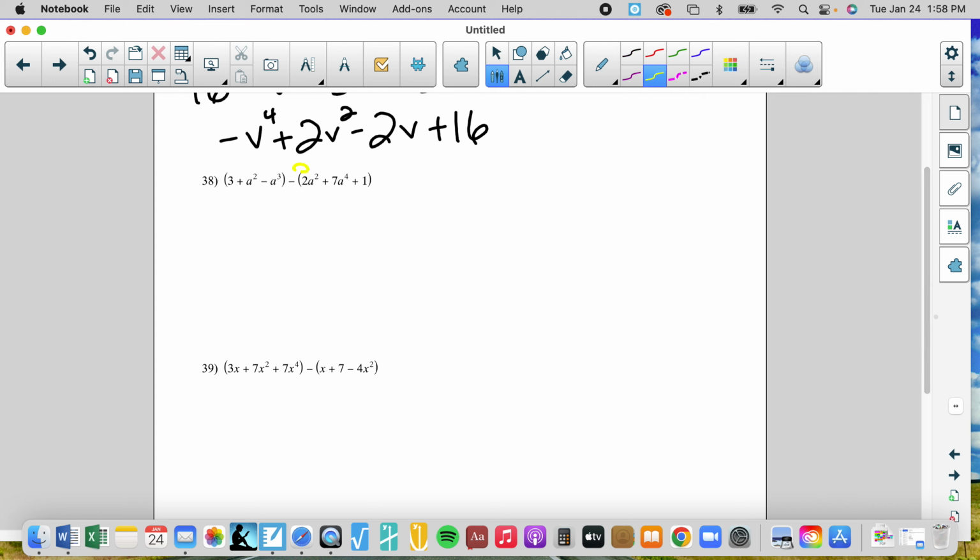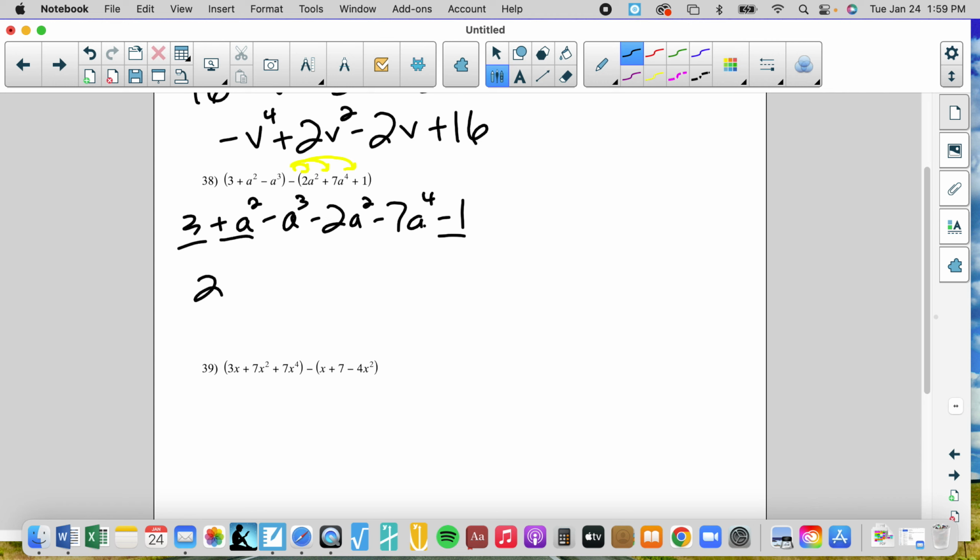So we have a negative that we are going to distribute, which will change all the signs of the terms inside that right-handed parentheses. 3 plus a squared minus a cubed minus 2a squared minus 7a to the fourth minus 1. We have a constant and a constant, which makes 2.